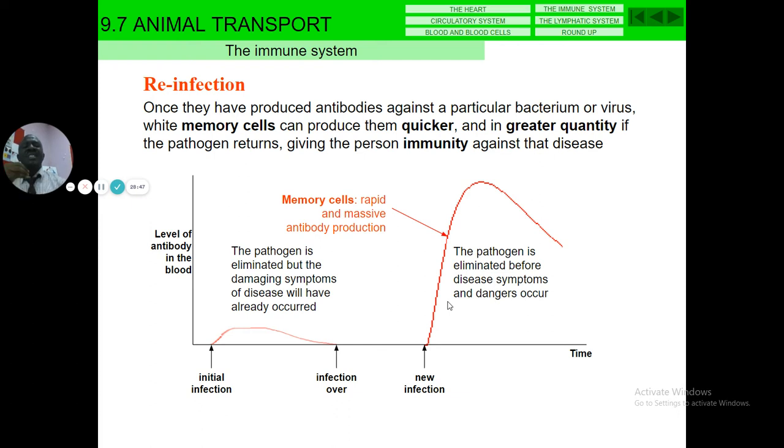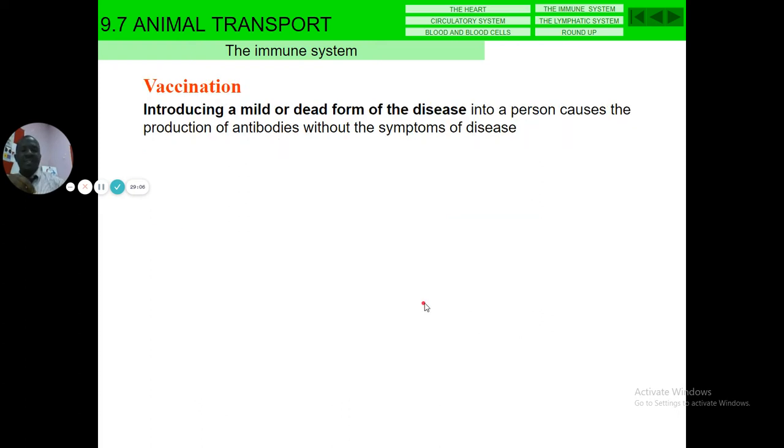So the immune response will be so high. Immune response refers to the ability of the body to produce antibodies within the shortest time possible and fight the infection before it causes any symptoms and diseases. And this is how this graph is explained.